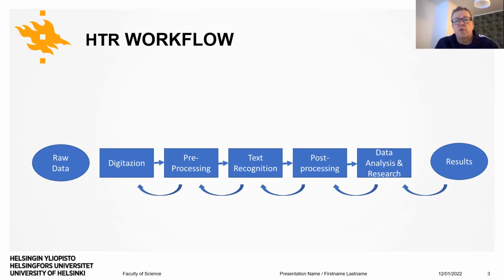The researchers prepare the text material for the actual research during the post-processing phase. For example, the phase can improve accuracy by comparing detected words against a given dictionary to avoid interpretation errors.